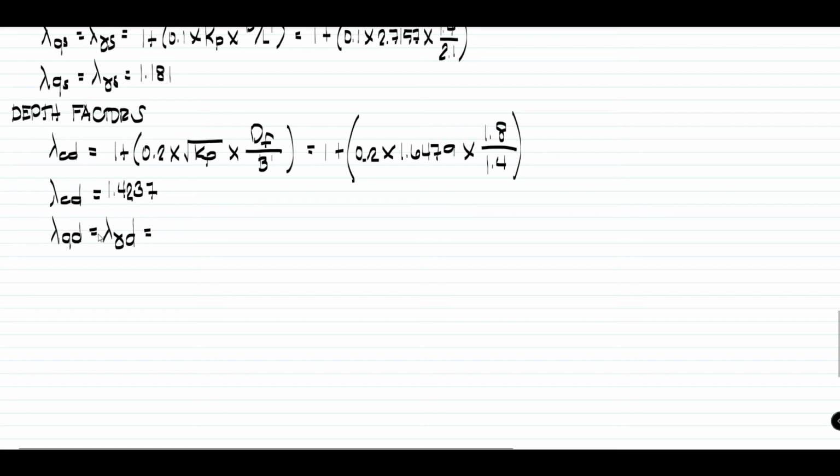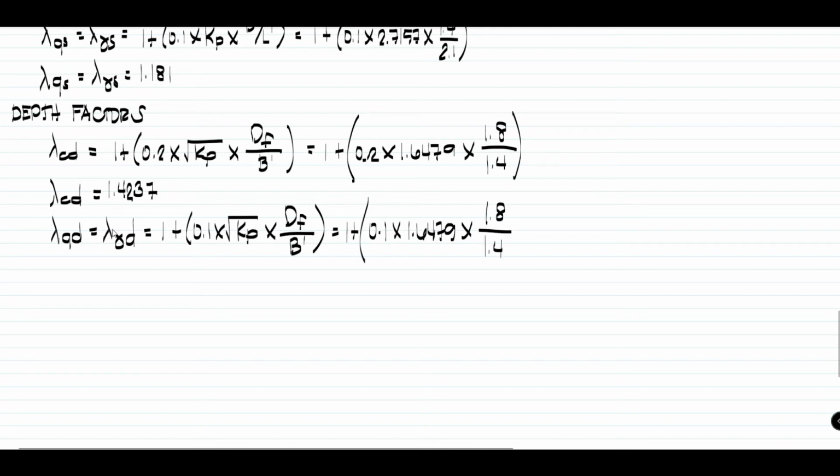so we have here 1 plus 0.1 times square root ng KP times DF over the B prime. So, substitute lang 1 plus yung 0.1 times 1.6479 times 1.8 over 1.4.